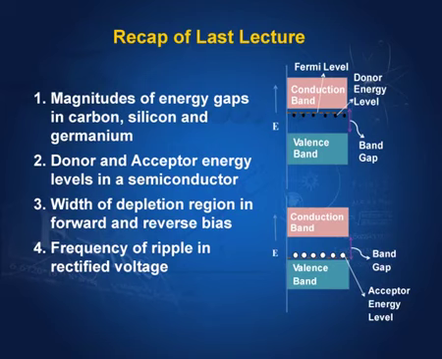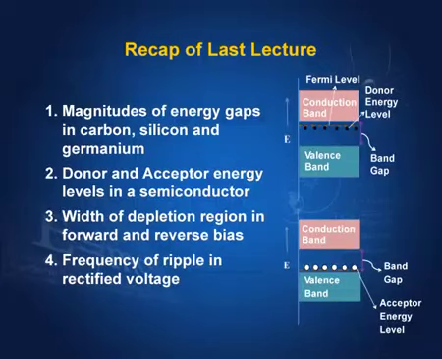We also learned that in the case of carbon, diamond especially, diamond is an insulator, therefore this energy gap is of the order of 5.5 electron volts, and in the case of silicon it is only 1.1 electron volt, and for germanium it is 0.7 electron volts. So, we learnt all these things through examples in the last lecture.